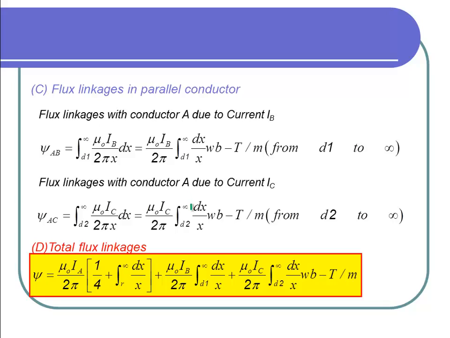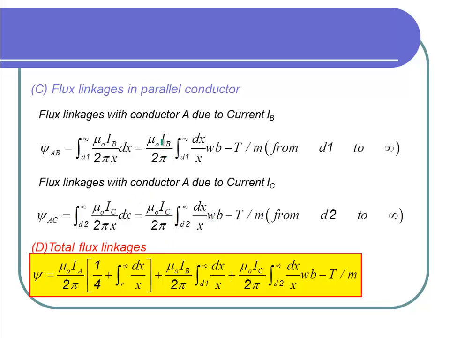For all the remaining conductors, or if there are n conductors, depending upon the distance as well as the respective current flowing in that conductor, the magnetic flux will have an effect.